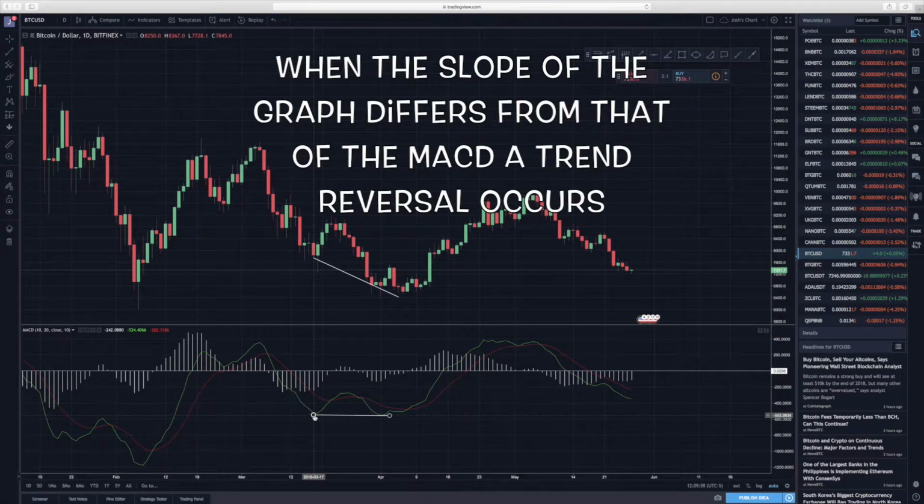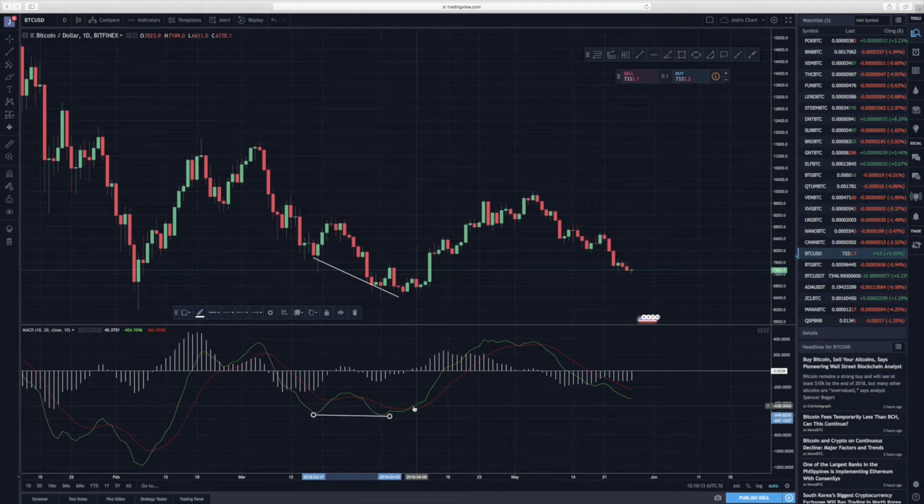A perfect divergence would actually show a higher high, right? So it might look like this, but in this case, it's pretty flat. It's definitely not going the same trend as the price shown above. But when that happens, you just look for the next crossover. At this point, it would be here, and that's the breakout. That's the breakout here. Boom, price breakout.